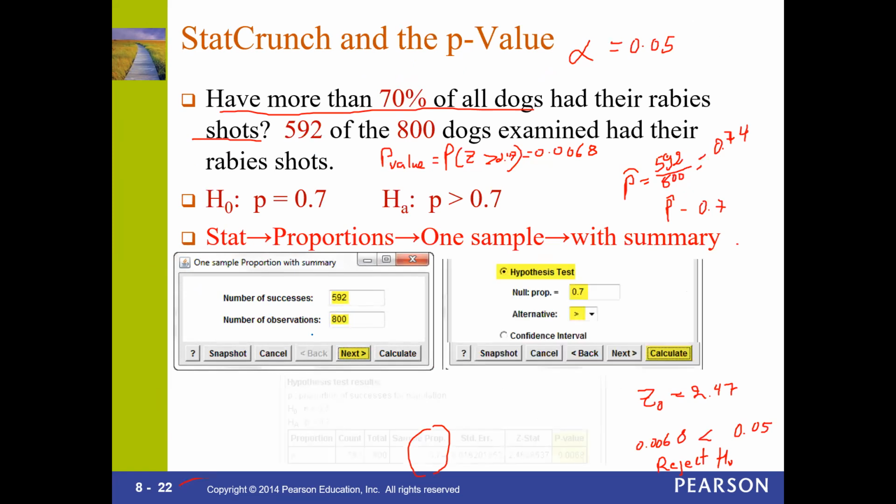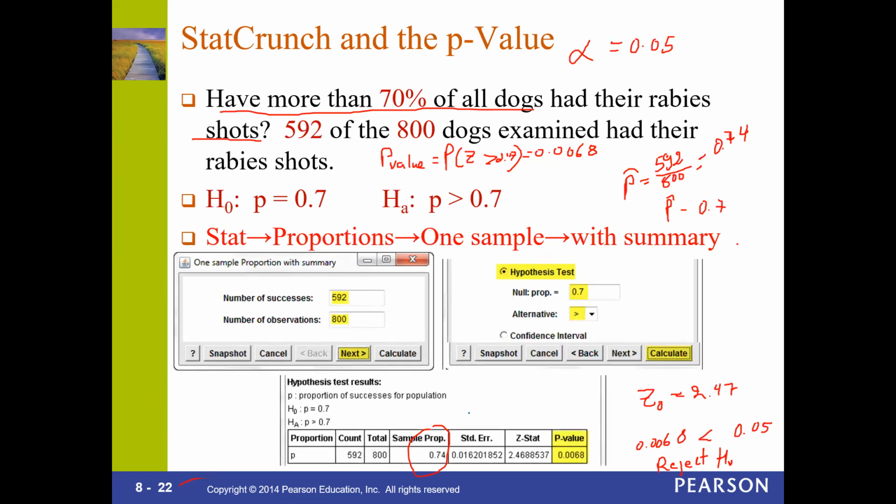And then we're going to do some more examples, and you can see the test statistic is right here. We say the z-stat and so on. Then we put the p-value. This is how I got the p-value. Because this one says more than 70% or 0.7, your null hypothesis is 0.7, just like we have over here.